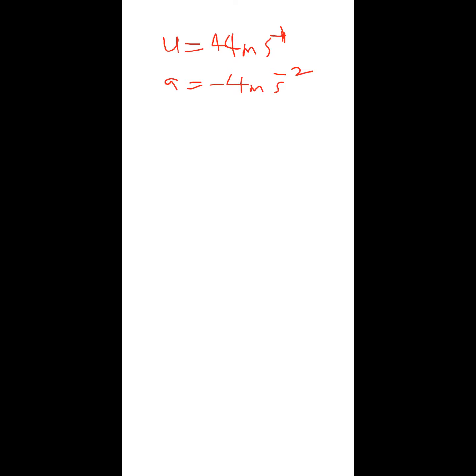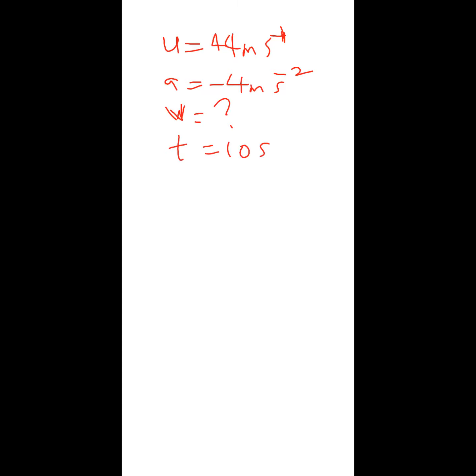Now, they are saying that we should find the velocity of such a train after 10 seconds. So what do we need to do? We are looking for the velocity. V we don't know, but t we know is 10 seconds. Out of the equations we gave out last week, which of them do you think will be suitable?